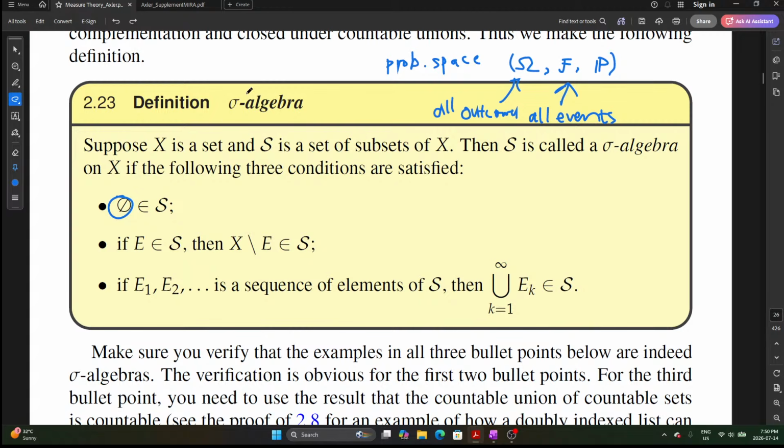Also, just to make things extra confusing, in some books it's called a sigma field. So sigma algebra is sometimes also called a sigma field. Once again, you might be tempted to think about the field in algebra, but of course, this does not look like a field at all. So I have no clue why it's called a sigma field.